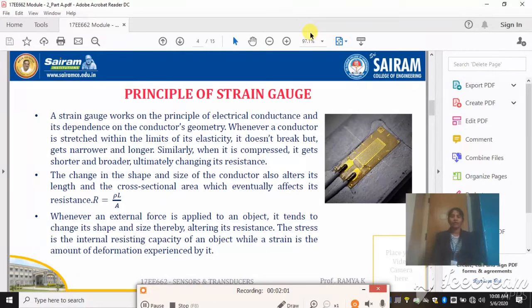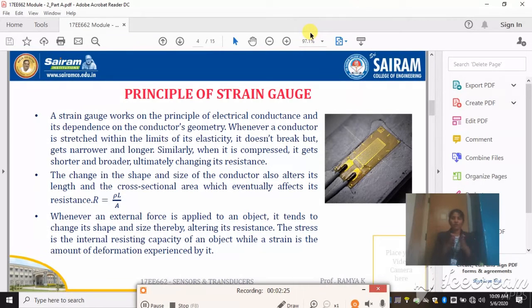Ultimately there will be a change in resistance. How are we saying there will be a change in resistance? When your conductor is subjected to a stretching force, at that moment the length of the conductor is getting changed and even the area is also getting changed. But when you apply a compressive force to the object, the conductor is getting shorter.